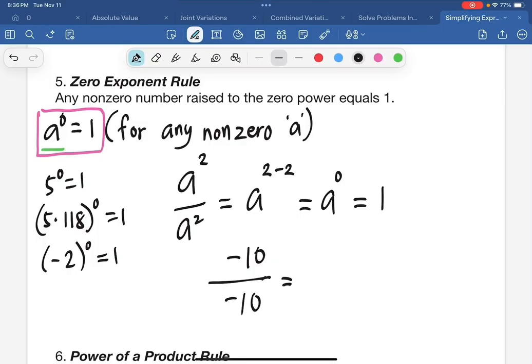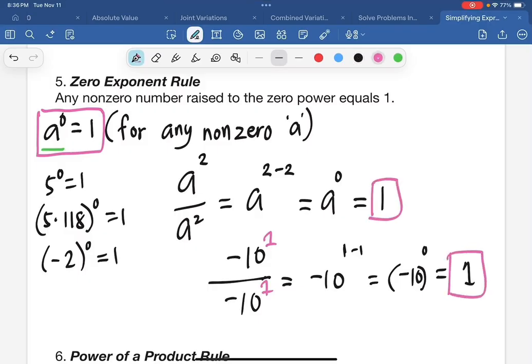Yes. And the base is negative 10. Again, you don't see an exponent, but we know for sure that any variable or number without an exponent has an invisible 1. So based on this, 1 minus 1 is 0. So we get negative 10 raised to 0, which is 1. And that's it.